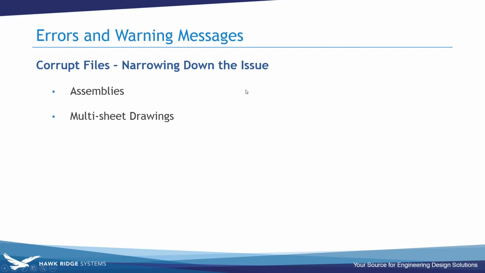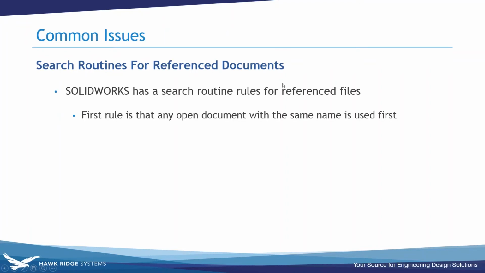Okay. So the next thing I want to talk about is the SOLIDWORKS search routines for what it uses to find reference documents. So whenever an assembly is opened, it'll check the references typically and just open up the corresponding files. However, SOLIDWORKS does have some special rules that it follows, where it can locate files if they're not at their specified locations and things like that.